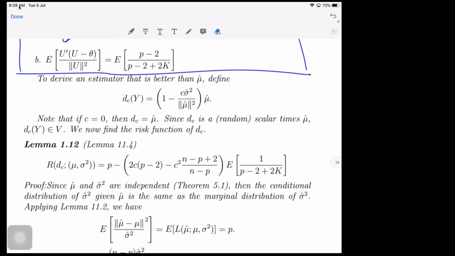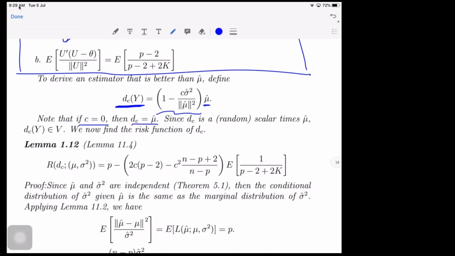What will be the value of C that will minimize the risk? So in general, you have an estimator which is a function of mu hat, which is pre-multiplied by this scalar. Note that if C is 0, then your estimator is just your mu hat.